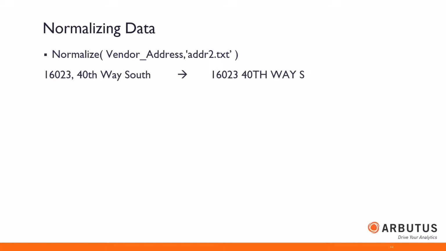So in this way, the address on the left, 16023 40th Way South, will be rendered as 16023 40th Way S. So what does the normalize function do? First, it gets rid of all non-alphabetic and numeric characters. It converts everything to uppercase. It gets rid of any accents or diacritical marks. And then it does the transformation. So it looks up the word south in the addr2.txt table and transforms it into an S. Similarly, with number 105, 1470 Boston Street, it transforms that into 105, 1470 Boston ST.